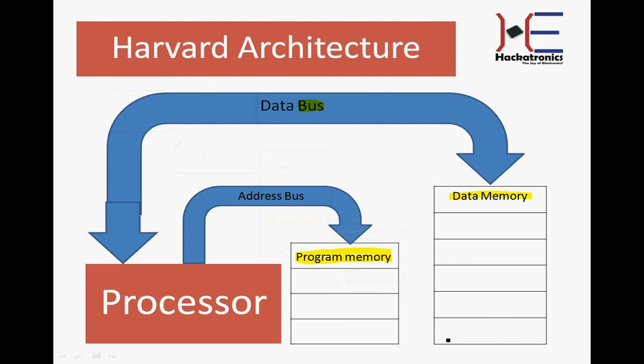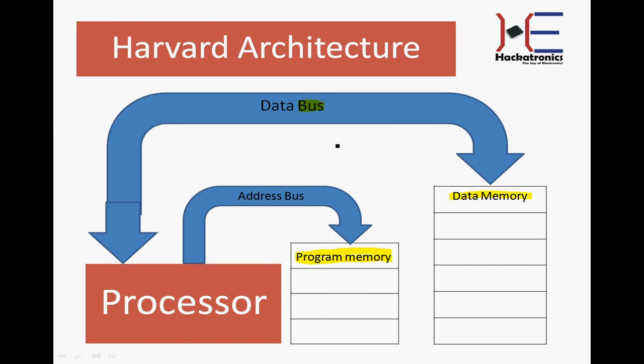Each memory location has a specific address. So, the address bus is used to read the address of a particular memory location. In Harvard architecture, program memory and data memory are separated, as you can see in the figure. And there are separate buses for data and address.